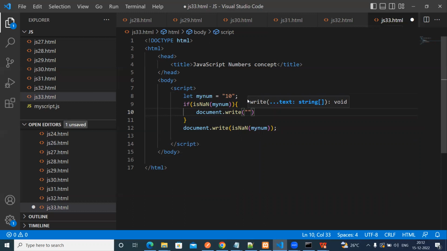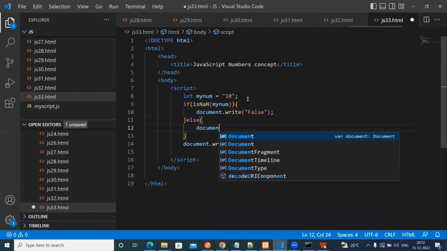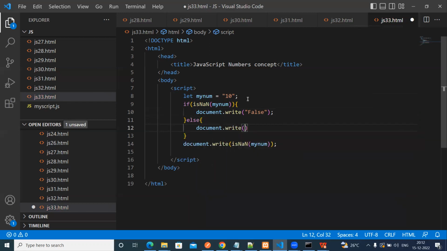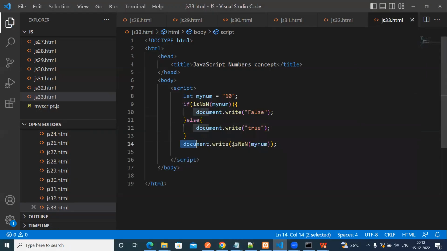So then true, false, right? So then after that, else document.write, then true, true and false.